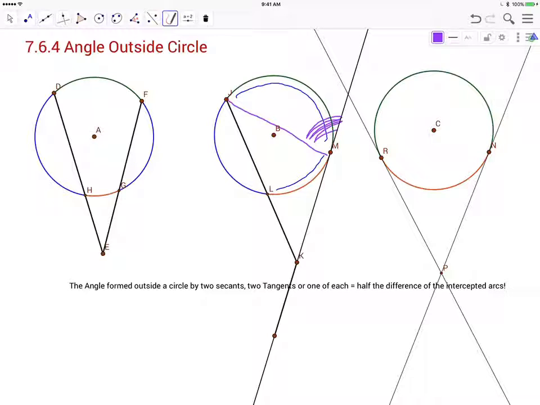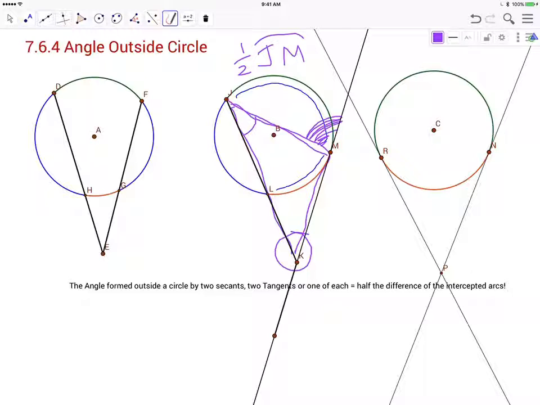That is half of JM from the last screencast. This is also an exterior angle to the triangle right here. And so angle K plus this angle up here should be equal to half of JM.